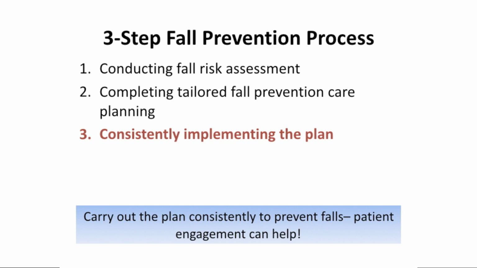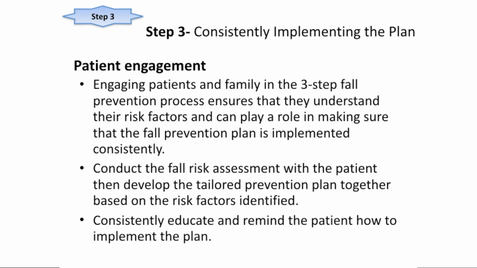With patient engagement, we are engaging patients and family in the three-step fall prevention process to ensure that they understand their risk factors, and that they can play a role in making sure that the fall prevention plan is implemented consistently. We conduct the fall risk assessment with the patient, and we develop the tailored plan together with the patient, based on any of the risk factors that are identified.